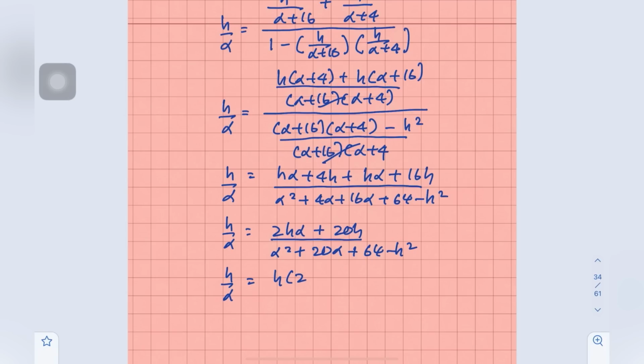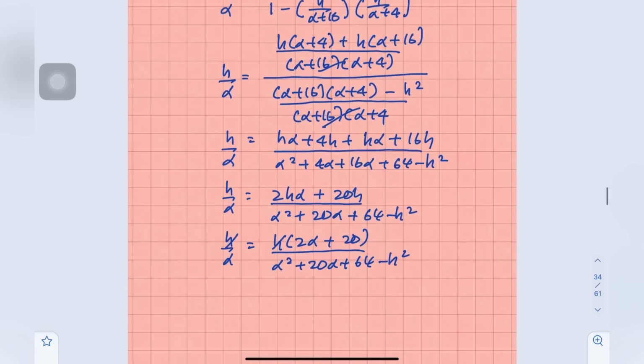So H times 2 alpha plus 20 over alpha squared plus 20 alpha plus 64 minus H squared. So we can eliminate. So we cross multiply. So alpha squared plus 20 alpha plus 64 minus H squared equals 2 alpha squared plus 20 alpha. Okay, so then we can make H the subject.